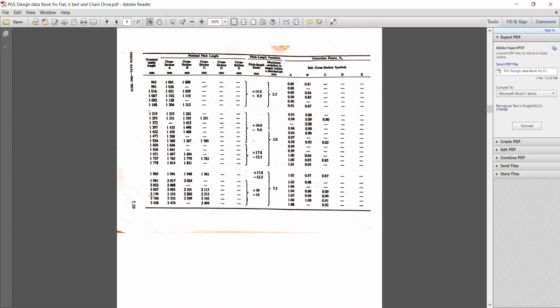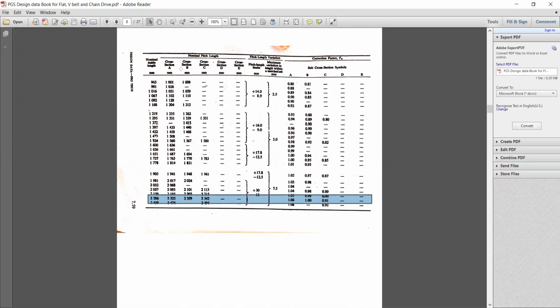So that's why we have to select this value, that is 2286. So the exact value of the inside length is 2286, and the correction factor for this is equal to 1.0. So similarly you can calculate the other values also.